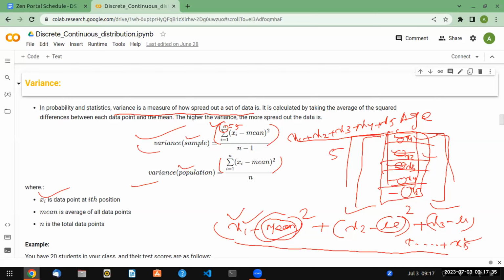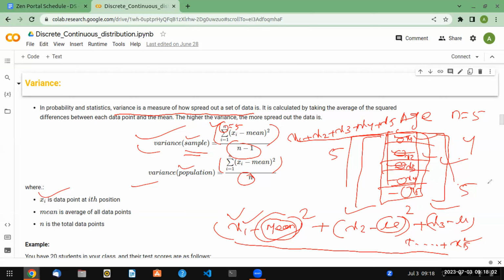But here, there is a bit of difference. The upper part is the same in both, but in the lower part it is different. In a sample, you have to divide by n minus 1. What is n in our example? n equals 5, so n minus 1 will be 4. If this is sample data, you divide by 4. If this is population data, you divide by 5.